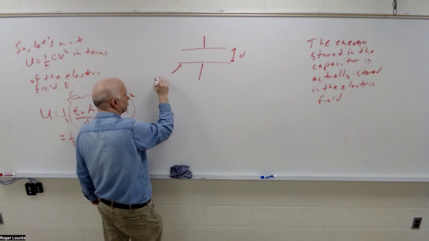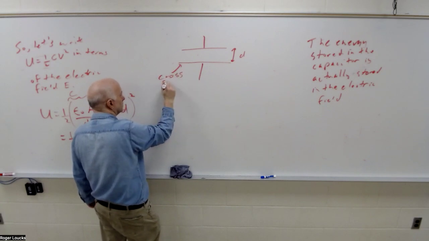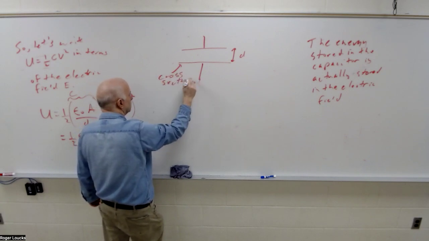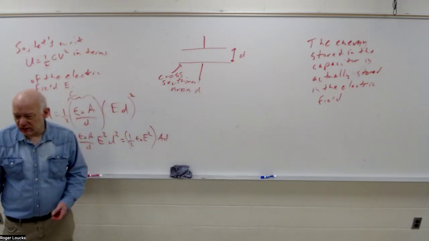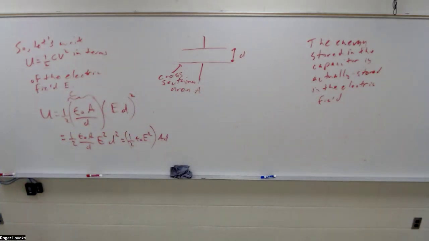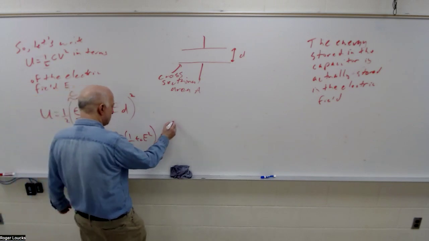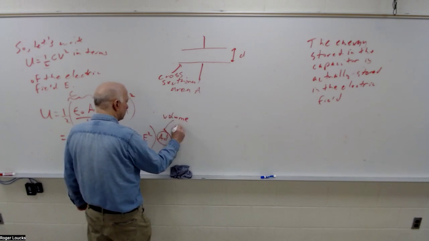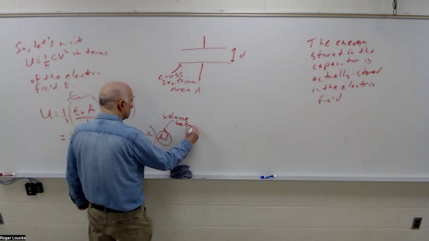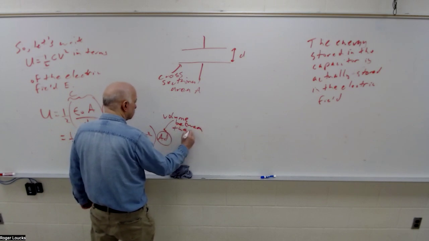D, and it says cross section area A. Geometrically, what is A times D? This is the volume between the parallel plates.